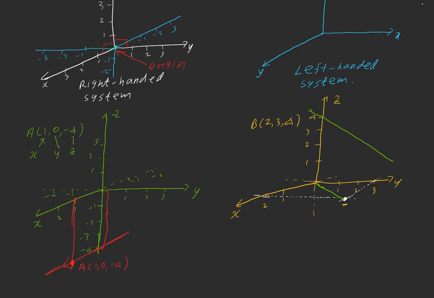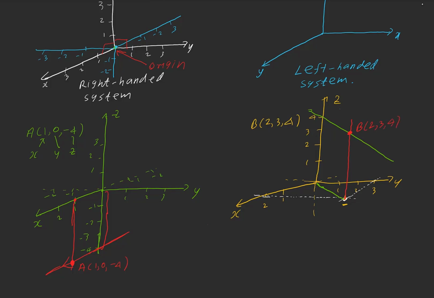Like this. Now we start from this point, and let me use red color, this point, and go up until we meet that point and that line. So this is the point B, which is 2, 3, 4.